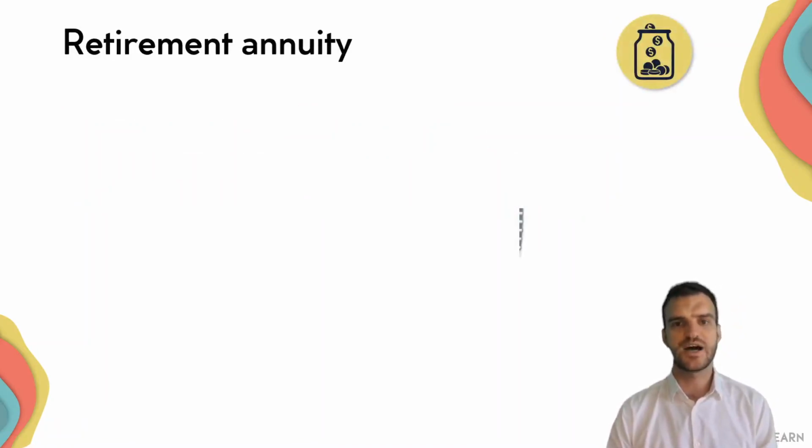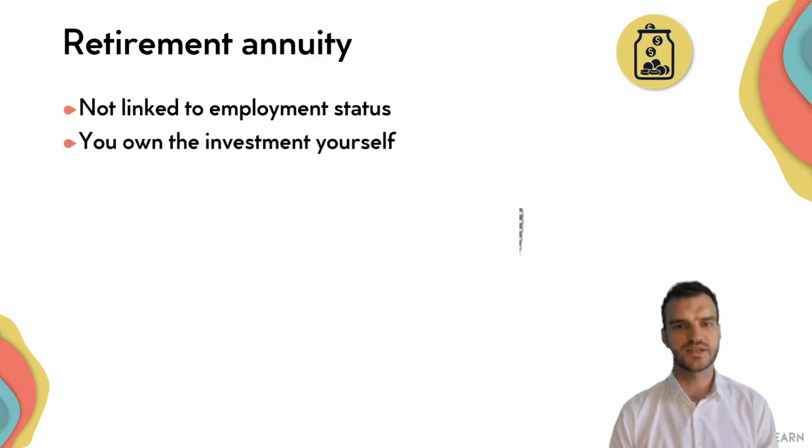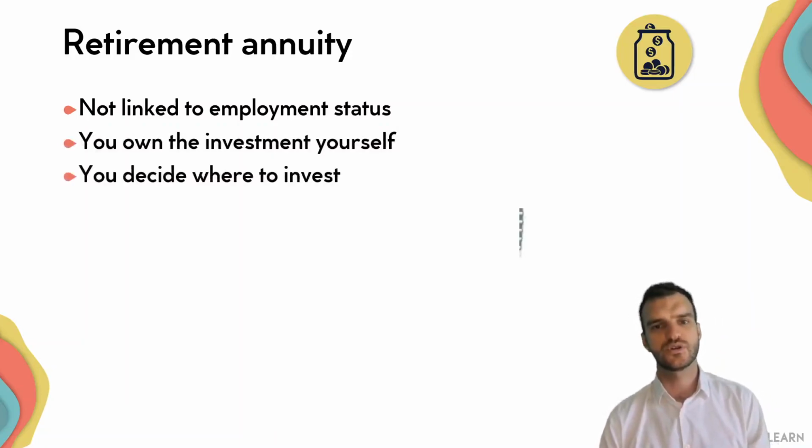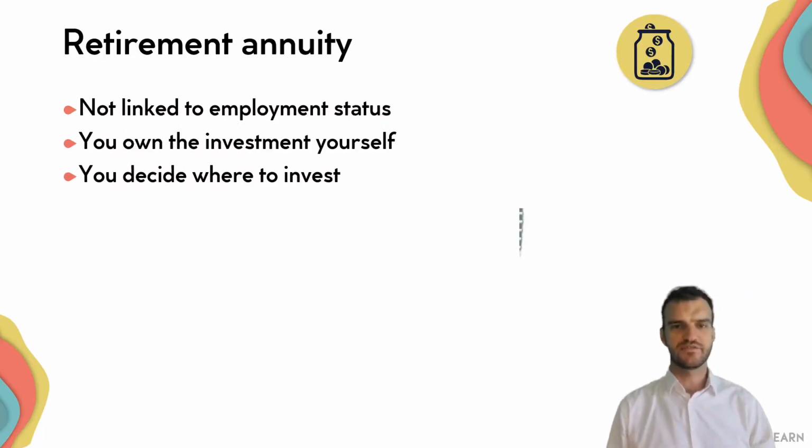Then, a retirement annuity is a bit different from the previous three, as it's more flexible and is not linked to your employment status. You are also able to decide where to invest the funds, unlike with your pension or provident fund, which is decided on by a fund manager.